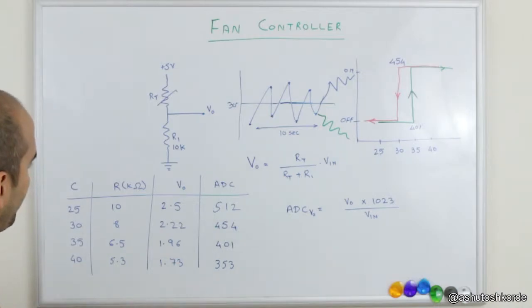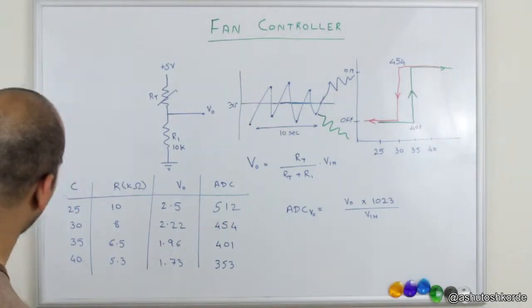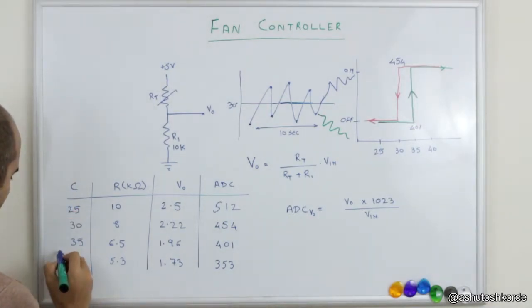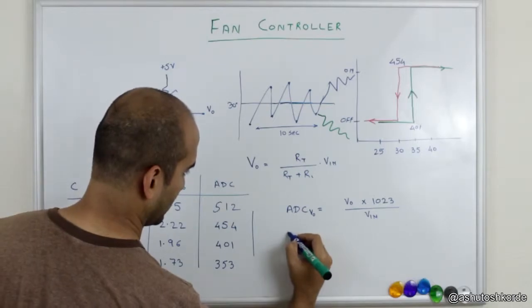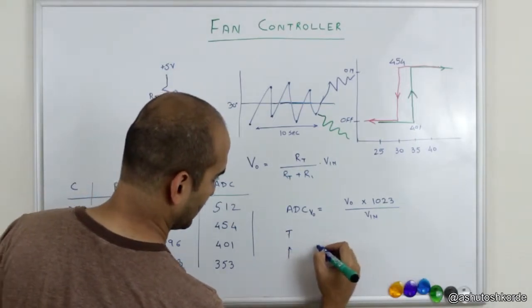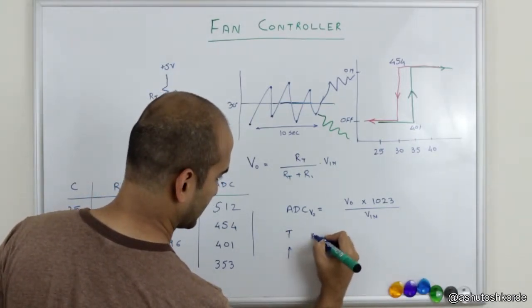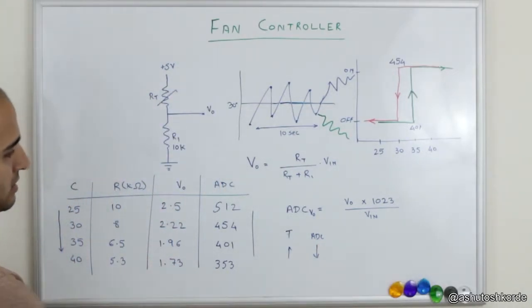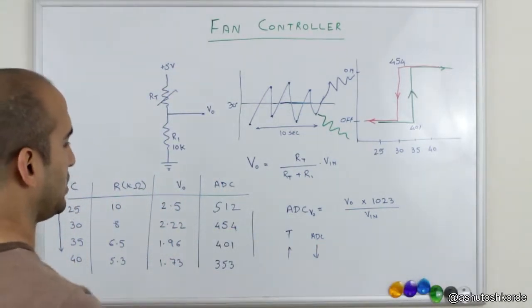Now, if you look at this chart here, a very usual, normal thing is that as your temperature increases, your ADC values decrease. And you would say, hey Ash, yes, that is obvious because we are using an NTC.